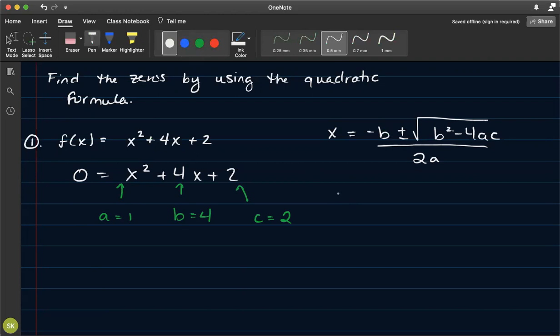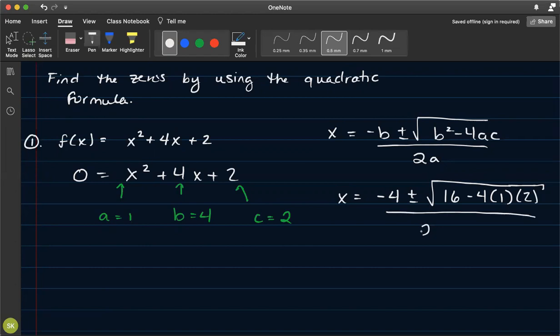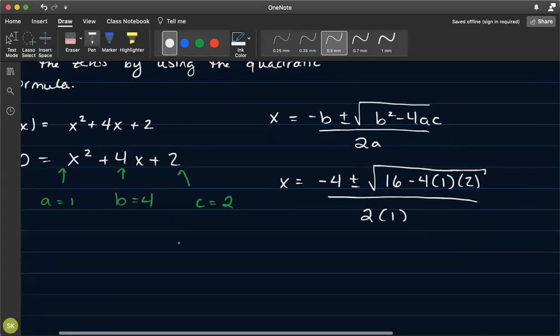So I get x is equal to the opposite of b, so negative 4, plus or minus the square root of b squared, which is 16, minus 4 times a, which is 1, times c. And this square root goes over all of that stuff, divided by 2 times a. Now let's clean this up.